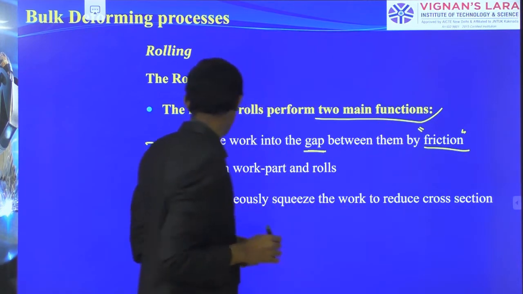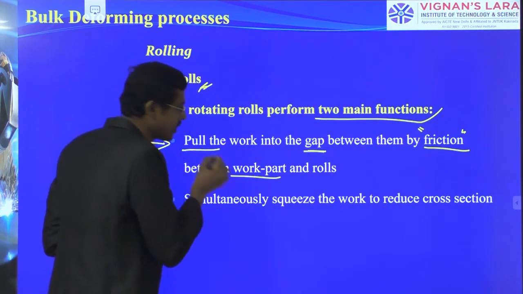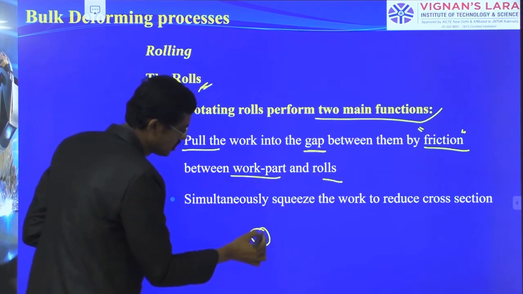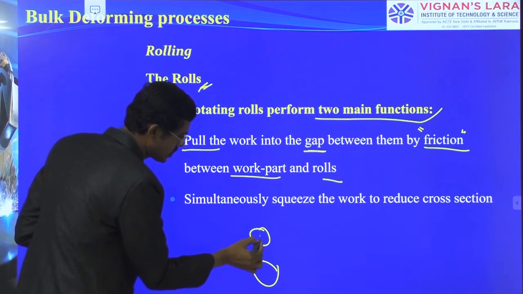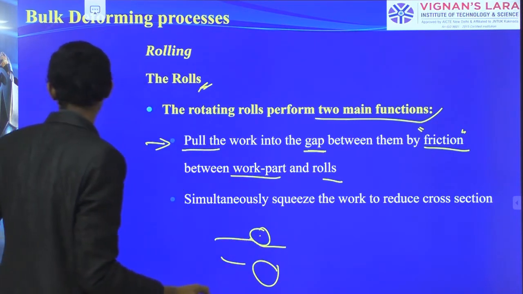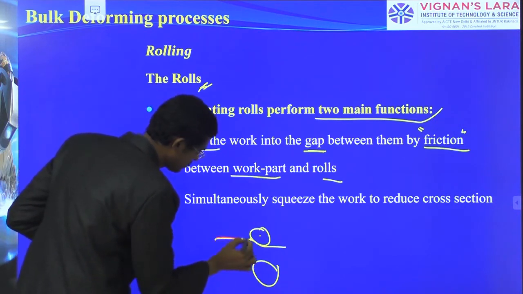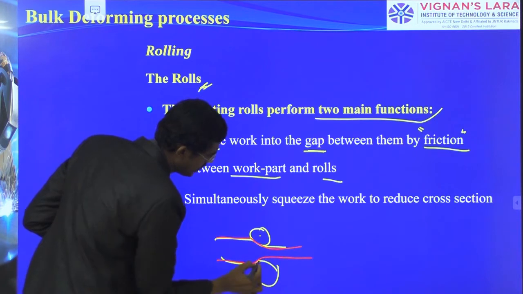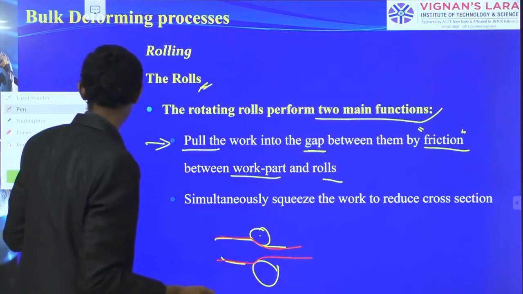By the friction between the work part and the rolls. So we have two rolls, and the workpiece is going to be in contact here. So therefore it is going to compress.